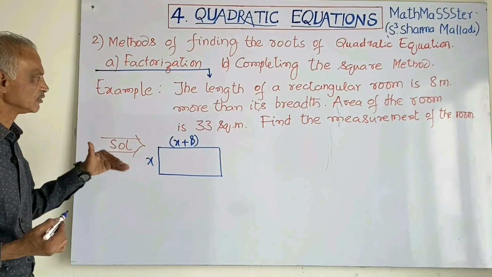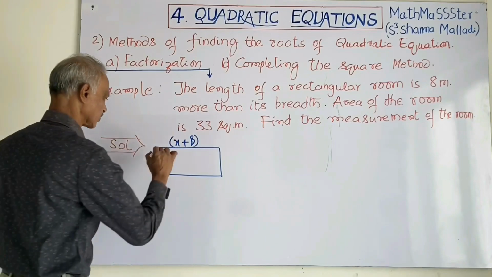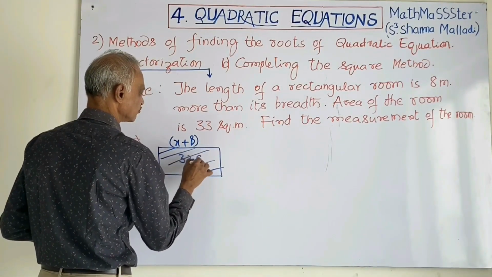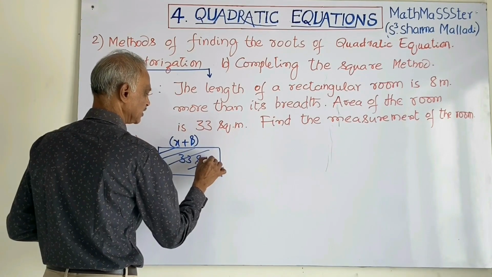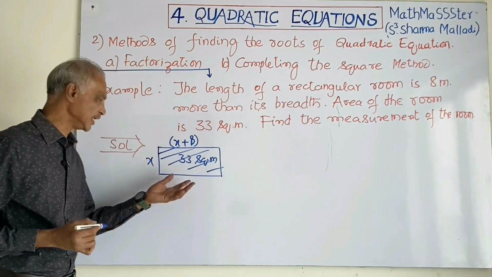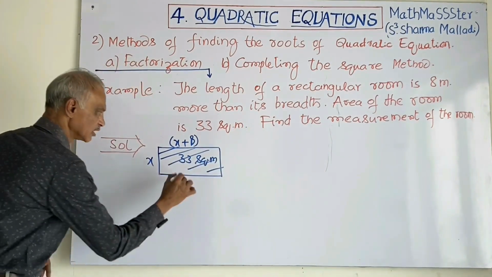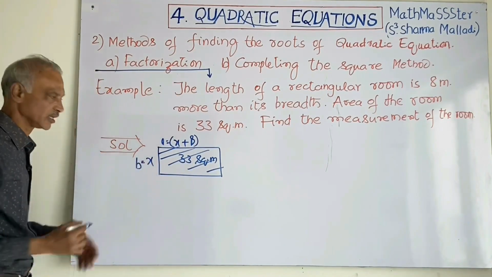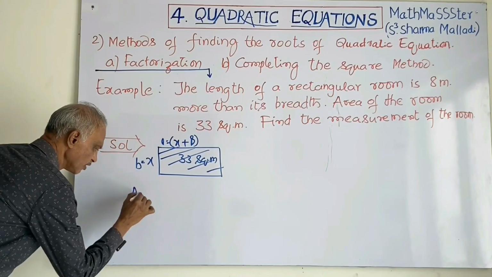Now, the area of the room is given as 33 square meters. What is the formula we have?